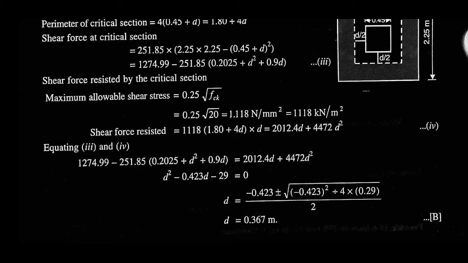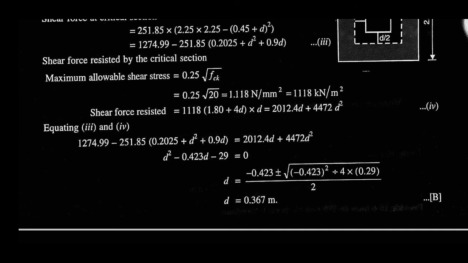So d is equal to minus of minus 0.423 plus minus root over minus 0.423 whole square minus 4 multiplied by 0.29, divided by 2. So we know this Acharya's formula.